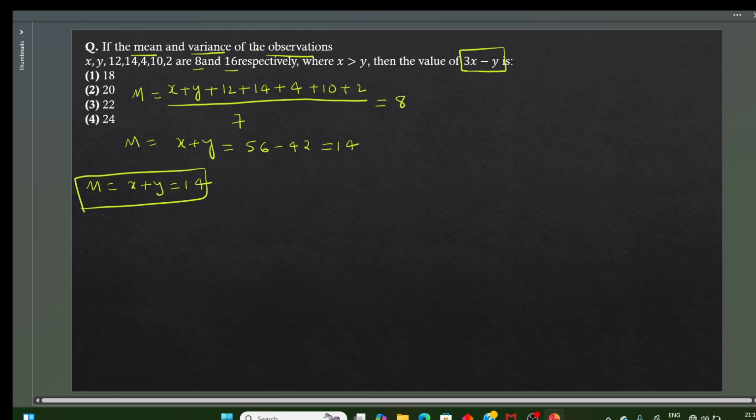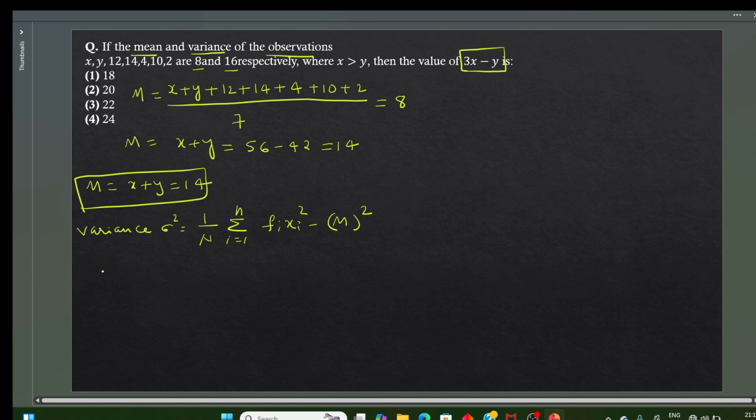Now the variance. What is the variance formula here? Sigma square is equal to 1 by n, summation of i equals 1 to n of fi into xi square, minus mean square.